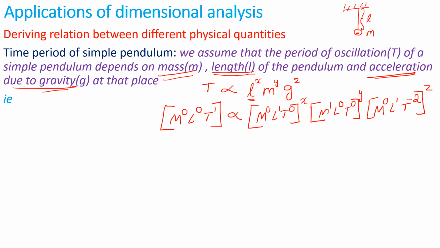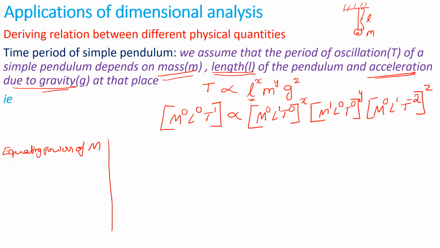Now how to obtain the values of x, y, and z? Since this equation is a proportionality equation, the powers of M, L, and T must be same on both the sides of the equation. So we shall equate the powers of M first, on LHS as well as RHS. What is the power of M on LHS?